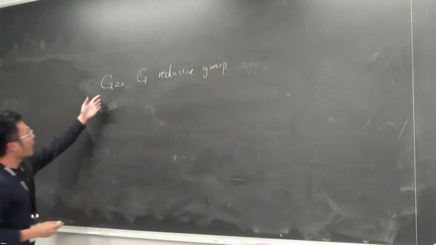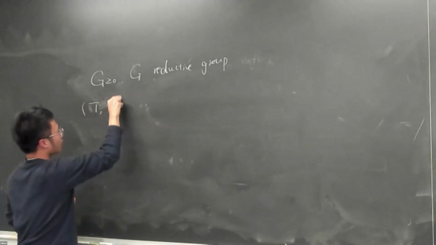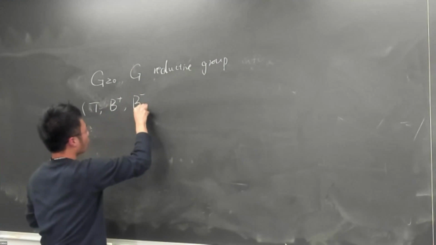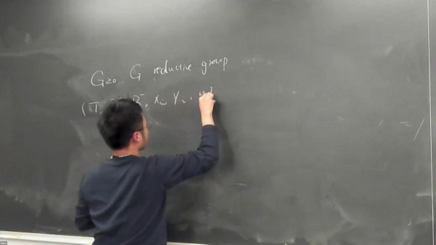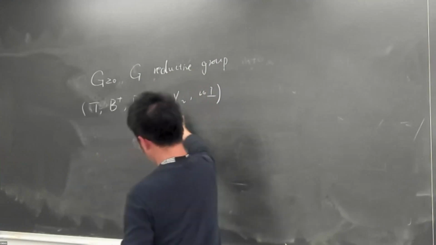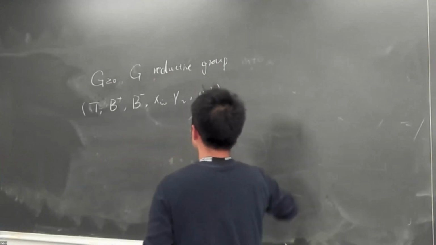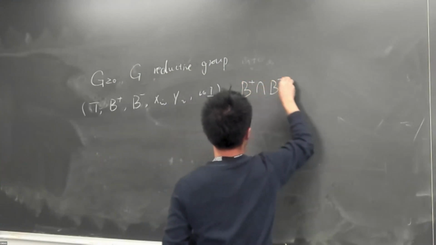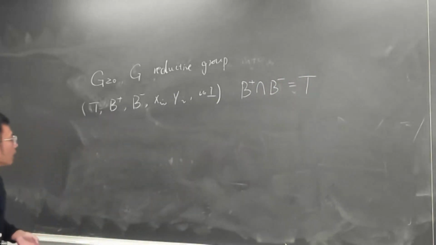And to define this, you need something called pinning. So it is a maximal torus T, two Borel subgroups B plus and B minus, and the simple root one-parameter subgroups, where B plus intersect B minus is T, which means that they are opposite to each other.